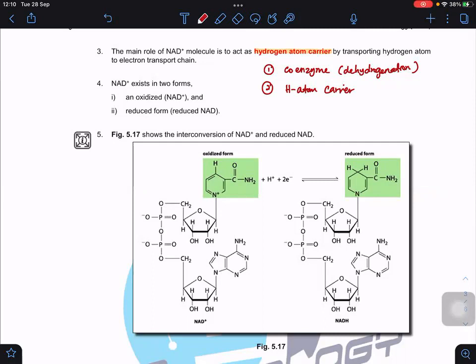NAD exists in two forms, the oxidized form, NAD plus. None of you asked me why we put a plus. Plus means oxidized form; it is positively charged. The reduced form is without the charge. Are you clear? Okay, now look at this structure.